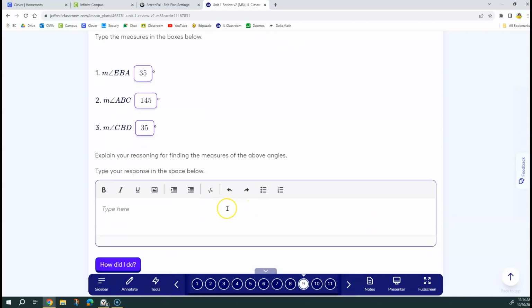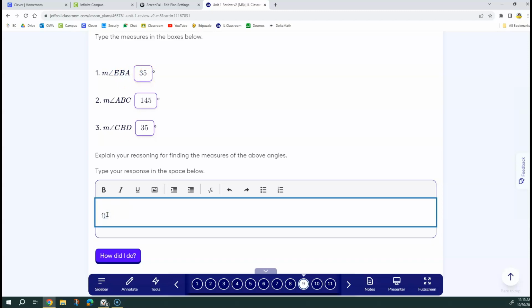And the explain your reasoning piece that's right here, well, what did we talk about as we were going through this first angle measurement? And you can type in the measure of angle EBA is 35.